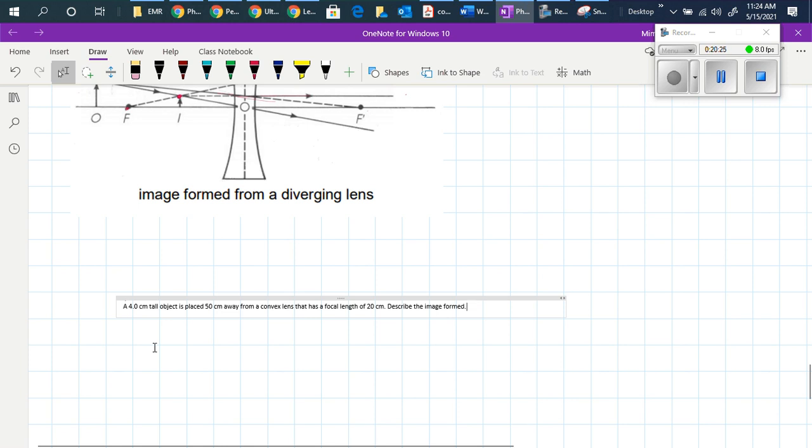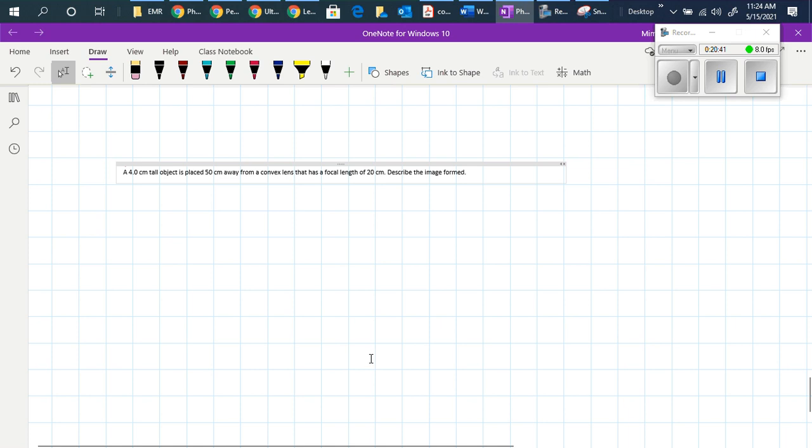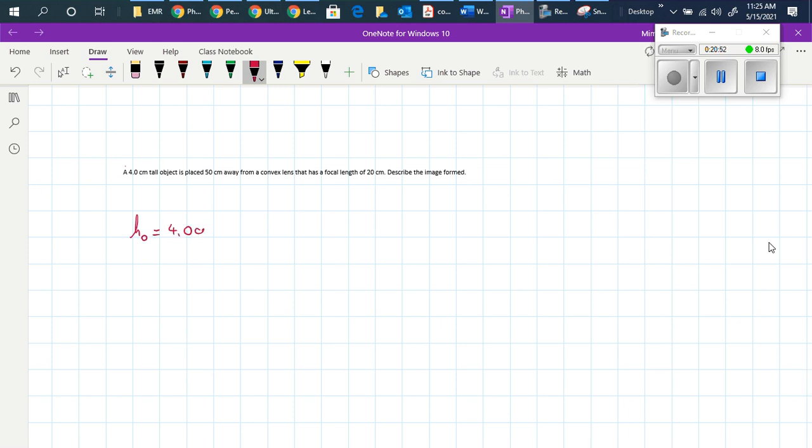If the units are the same, centimeters all the way through the question, then we don't have to bother converting them into meters, which is the international system unit for distance. So the height of the object is 4.0 centimeters. The distance of the object is equal to 50 centimeters, while the focal length is equal to positive 20 centimeters.